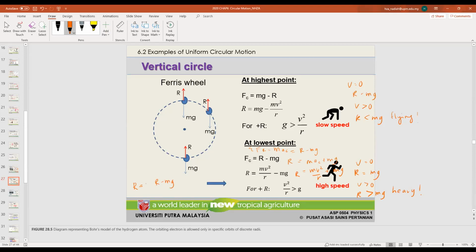So R is Fc plus mg, right? So R is MAC plus mg. Oh, at the lowest point, okay. This one is wrong. Oh, here, this equation is wrong. Oh no, I can't edit it. Why? I don't know. Okay, so it's plus. Right. Thank you for noticing. Okay, thank you, Doctor.